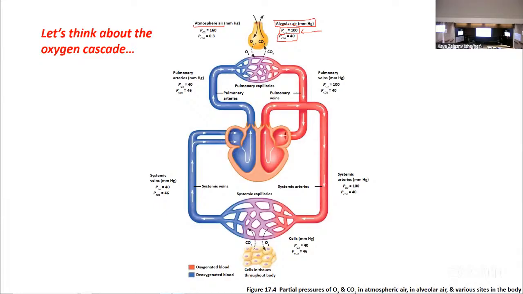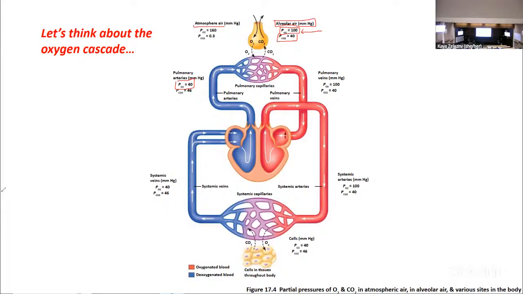And we're going to see that when we return to the heart, it's not the same. As we look at those pulmonary arteries, the ones that are going to the lungs, the partial pressure of oxygen is now only at 40. So where does this change happen?